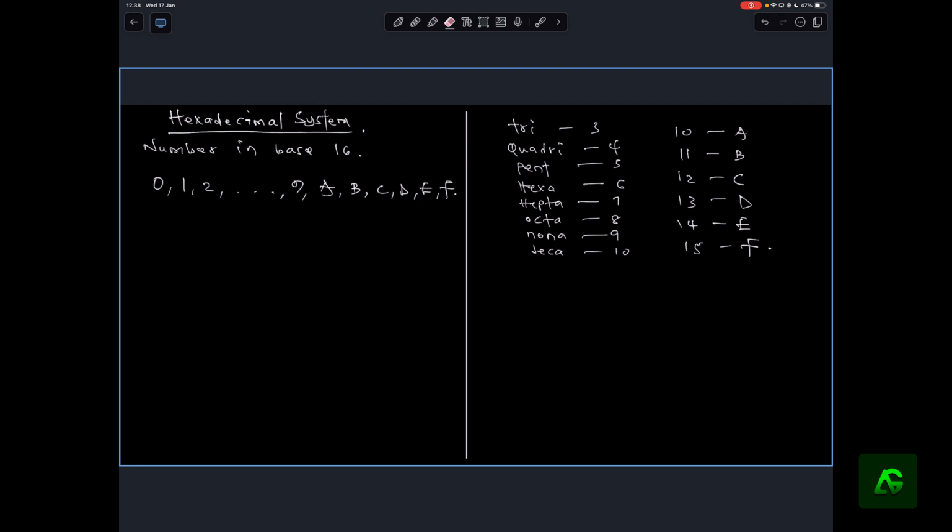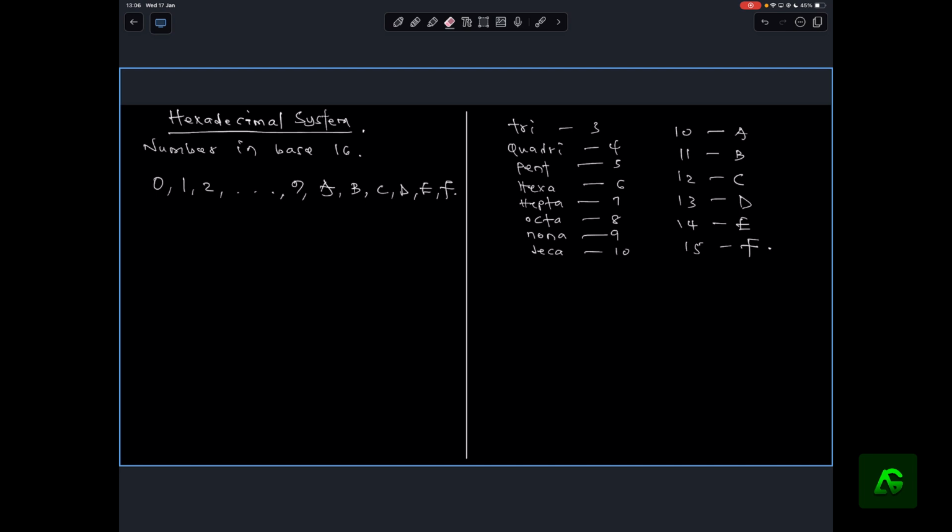So now, let us play around. Let's say we can convert this value to base 10, right? We are looking at the hexadecimal numeral, meaning we are looking at the hexadecimal system.